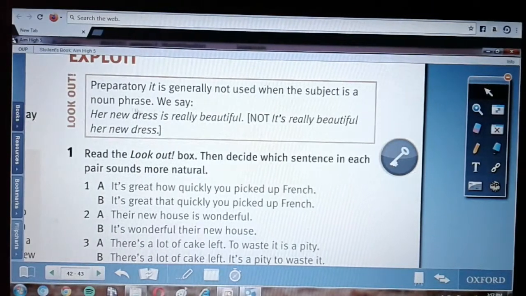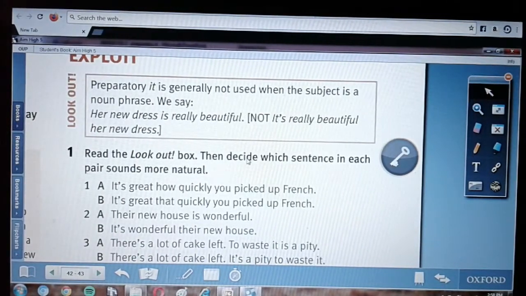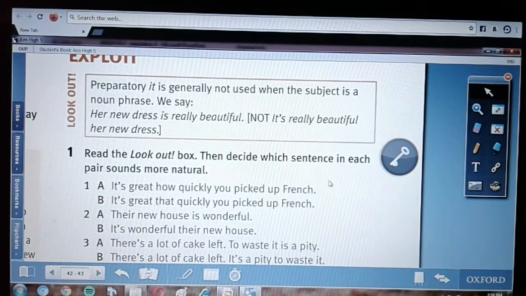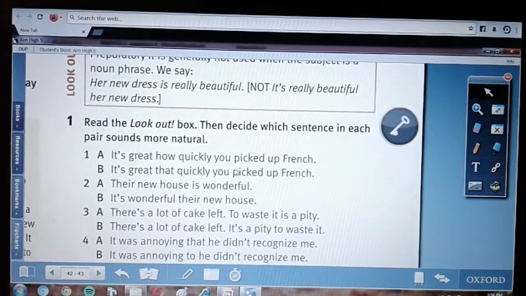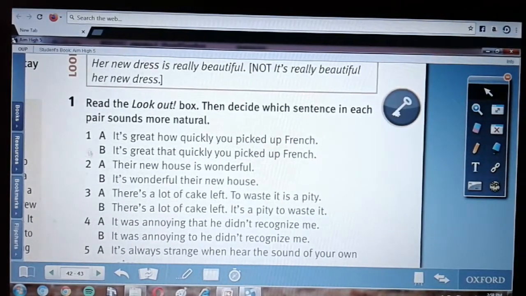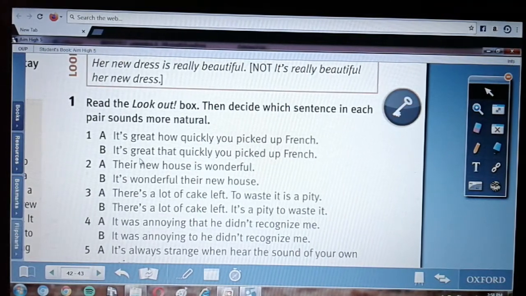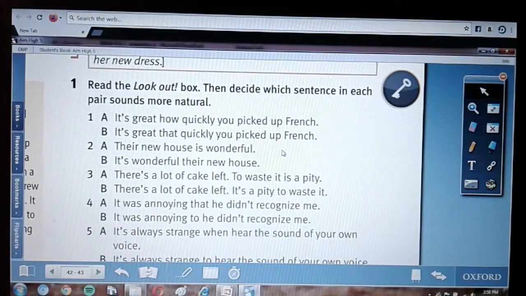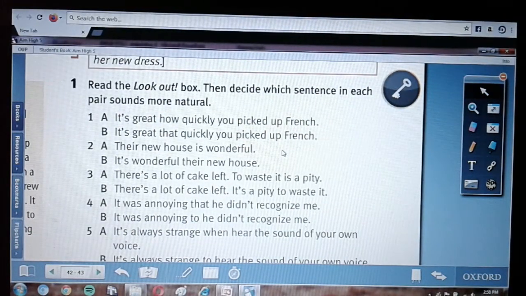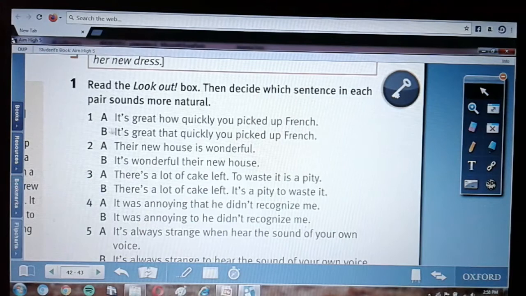This is talking about the use of noun phrase that we have discussed before, and decide which sentence in each pair sounds more natural. So you just have to circle the sentences that you think sound more natural. I will give you one example. Take a look at number 1.